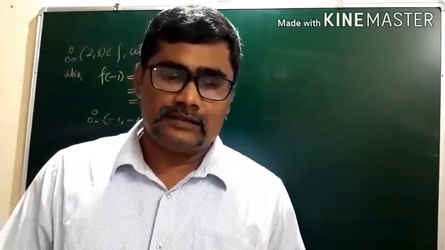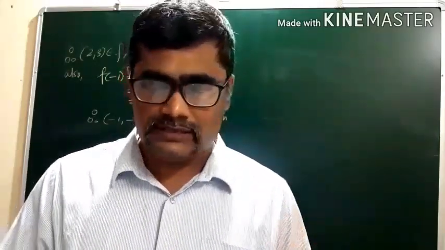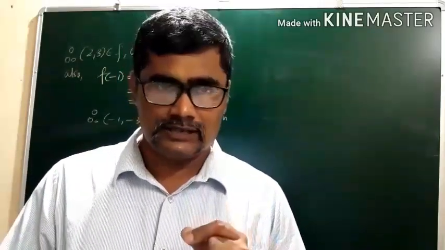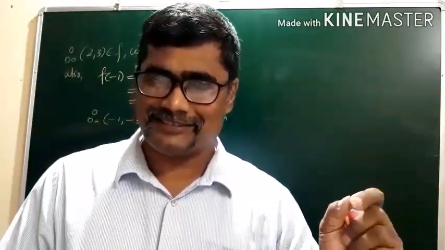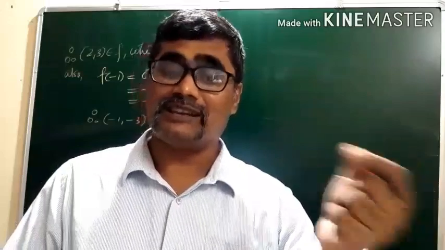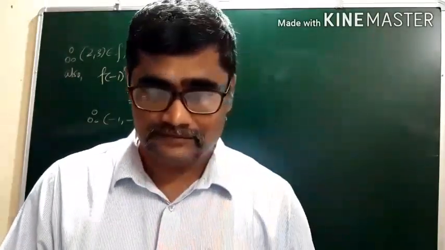Let f be a subset of Z cross Z. Z cross Z is a Cartesian product. Every subset of it is a relation. So I could have told you, let f be a relation from Z to Z, right?